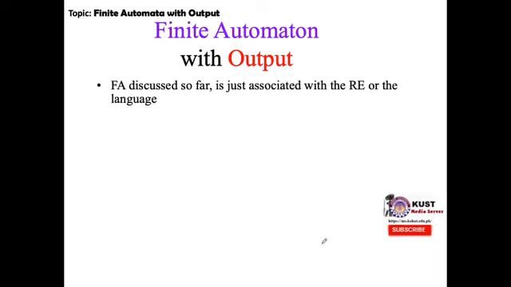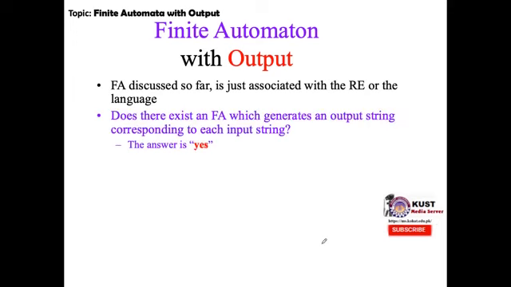So the FA discussed so far is just associated with the regular expression or the language. Now there is a question: does there exist an FA which generates an output string corresponding to each input string? And the answer to this question is yes.